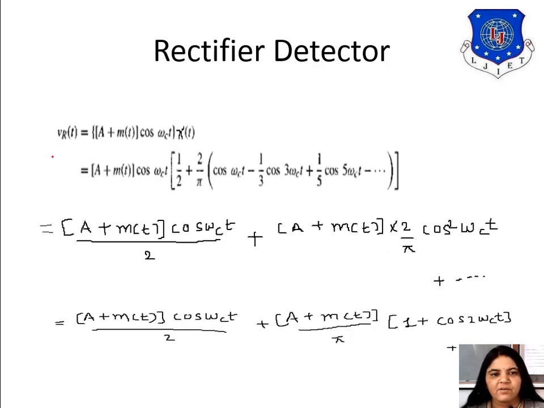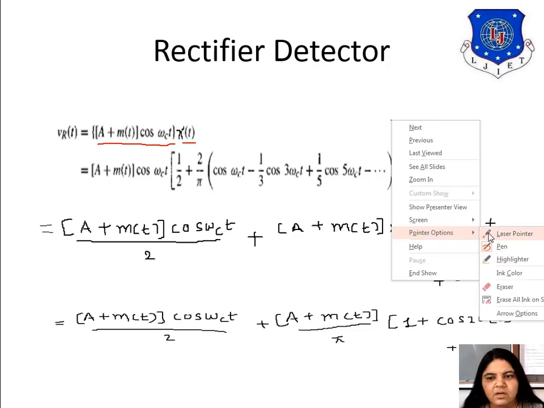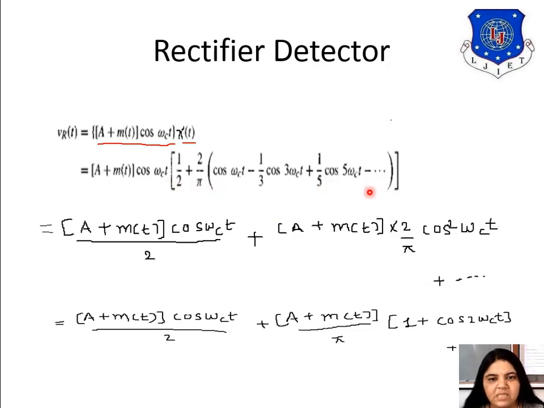So now it is v_R(t) across the resistor. This signal is my input modulated output, and this is our pulse train x(t). Now this signal is multiplied with this, and this way you can have this output.